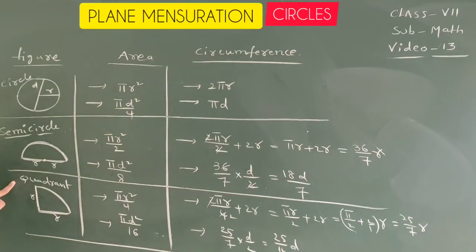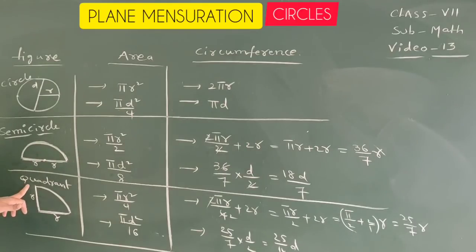So quadrant, 1/4 of the circle, is called a quadrant. So here 1/4 of the area. In terms of area there is no change, but in terms of circumference there is a change, because the length of the boundary is nothing but the circumference. Here the length of the boundary of the circle is 2 pi r. For the semicircle, the length of the boundary means the arc plus the 2 radii or diameter.